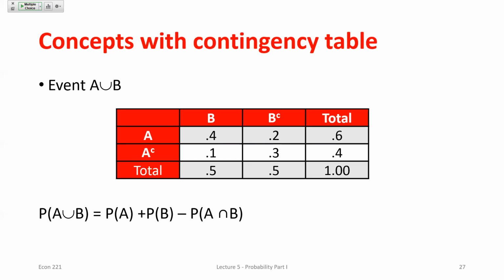If I want the union of A and B, that should just be the probability of each event minus the probability of the intersection. So the probability of A is 0.6, the probability of B is 0.5, the probability of the intersection is 0.4. I've now got everything I need. Plug those values in, and I can figure out what the union is.